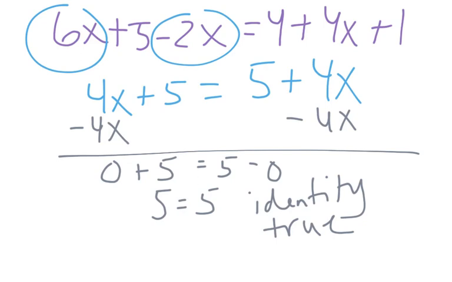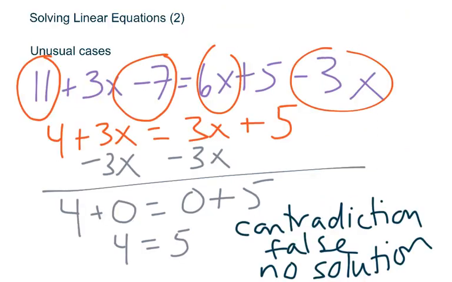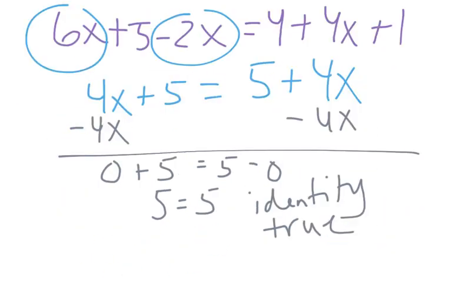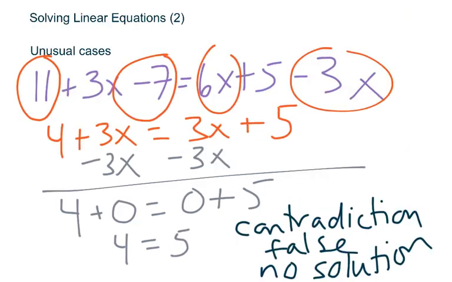So the first thing I would do is, if you're doing a problem and you're getting 4 equals 5 or 5 equals 5, the very first thing I would do is go back and make sure you copied the problem correctly and go through and check your work and make sure you did not make a mistake. It should be a red flag that maybe something went wrong. But if you check your work, everything looks fine, then you're dealing with one of these two special cases. And it's okay to leave it like that and move on.